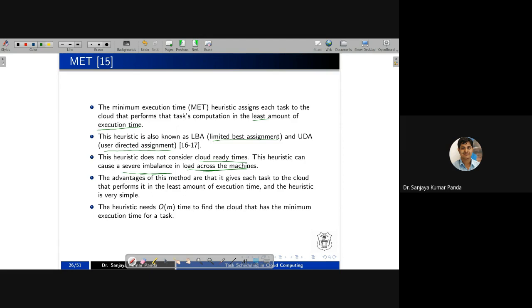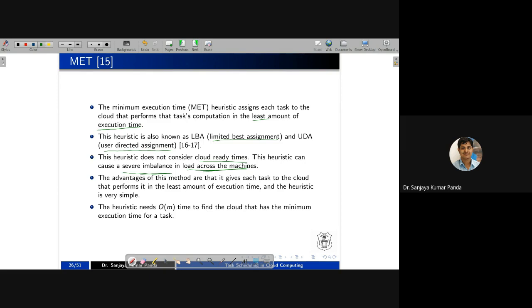So like the previous scheduling algorithms, we have the complexity of order of m. You have m different clouds, and whether you take cloud ready time or minimum execution time, you have to go through all the m machines and choose a machine. So the complexity for each and every task is order of m.